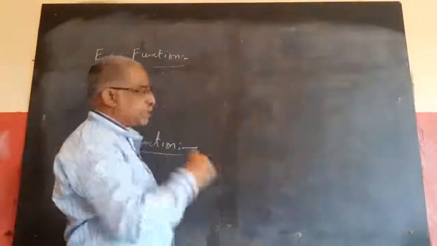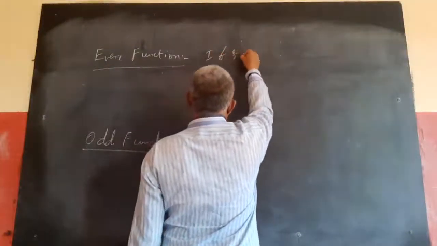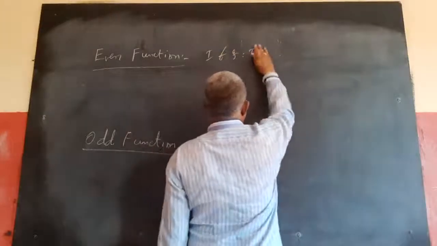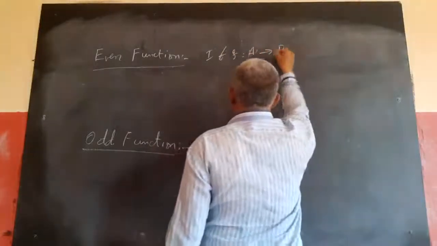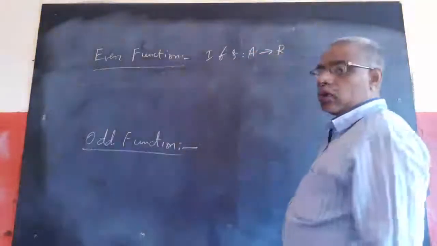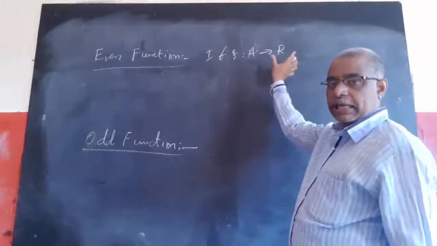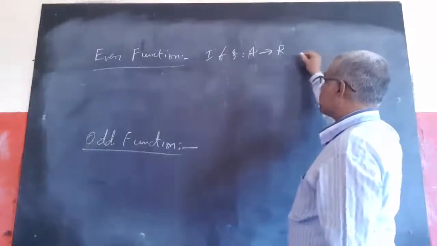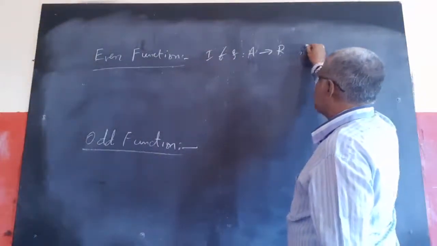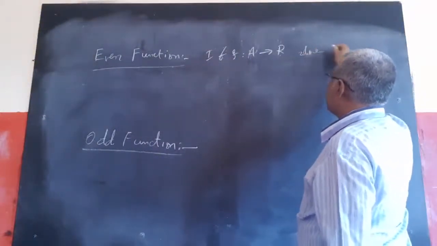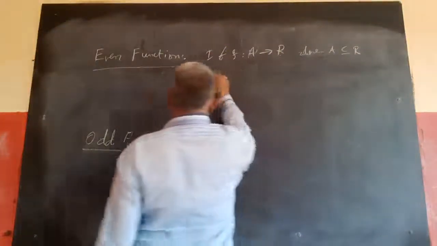Even function means, if f is a mapping from A to R, where A is a subset of R. Instead of taking R to R, I am taking A, which is some part of the real numbers.